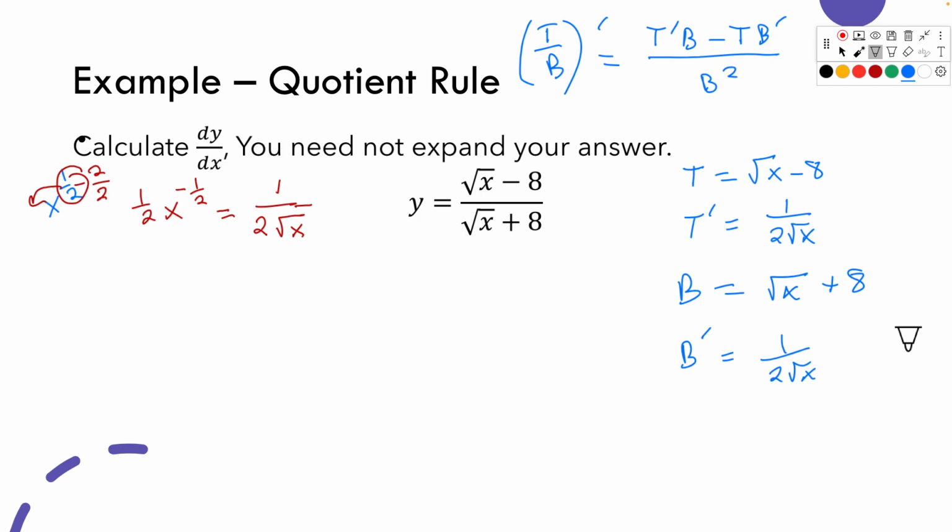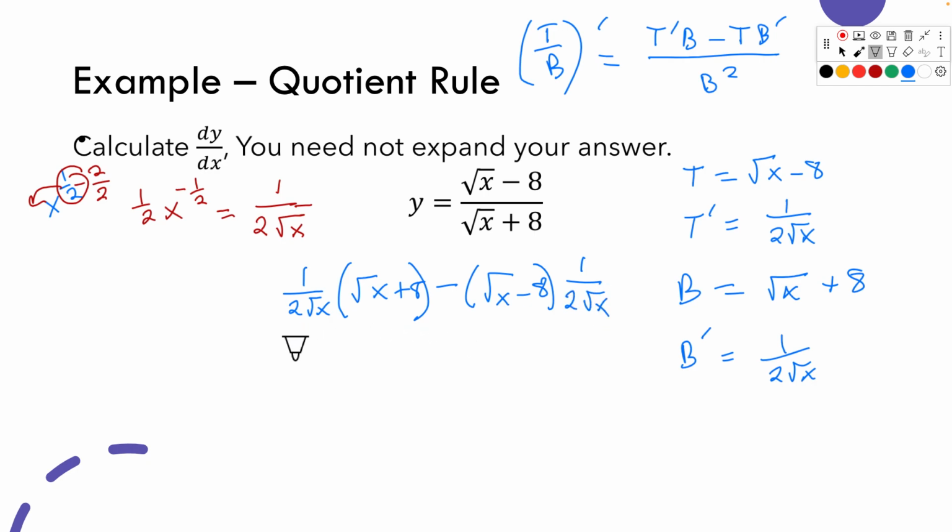Put it into the formula. So up here, the derivative of the top, 1 over 2 square root of x, times the bottom, which is square root of x plus 8, minus the top unchanged, square root of x minus 8, times the derivative of the bottom, 1 over 2 square root of x.